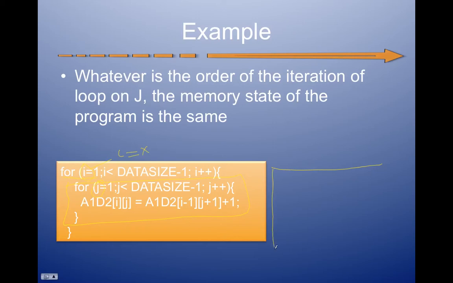And this will be a parallel loop because when I am accessing this array, this loop is accessing row x, and this statement is accessing row x minus 1. So there is no intersection between the read and write. So if you remember Bernstein's conditions, you can execute this loop in parallel.